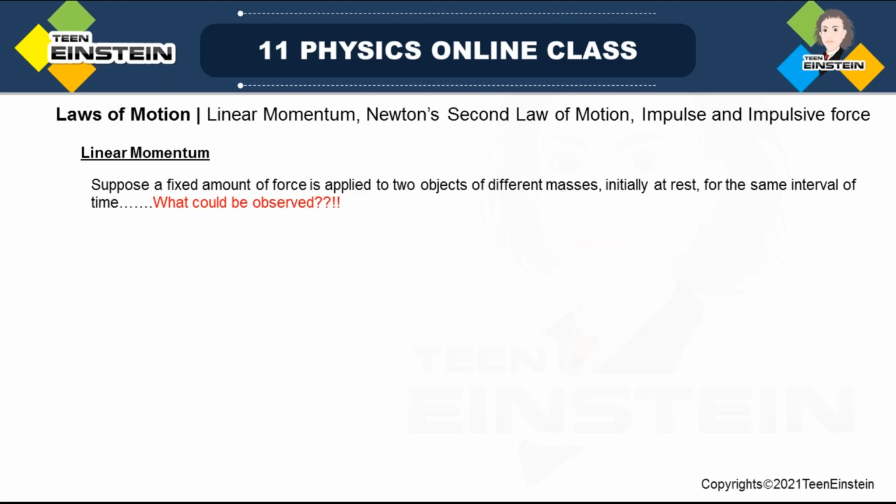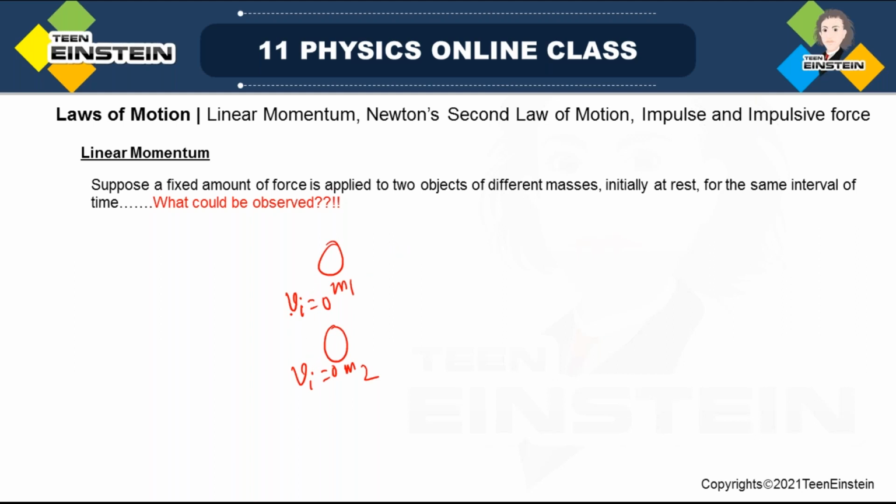Suppose there are two objects, they have different masses. I have an object having mass m1. I have another object having mass m2. Okay, so initially they were at rest. Suppose vi is 0 for this as well as this.